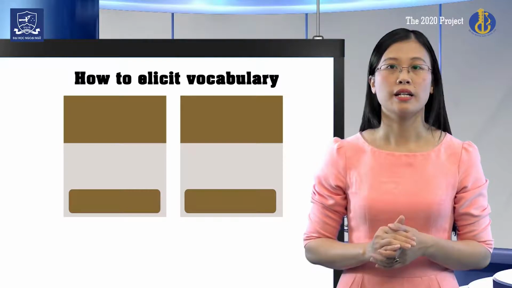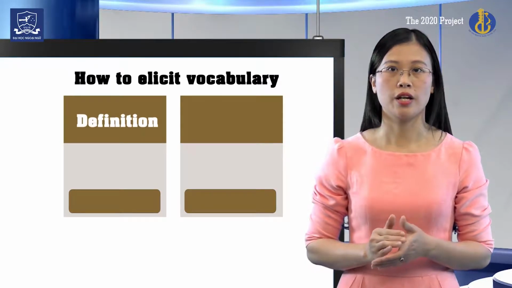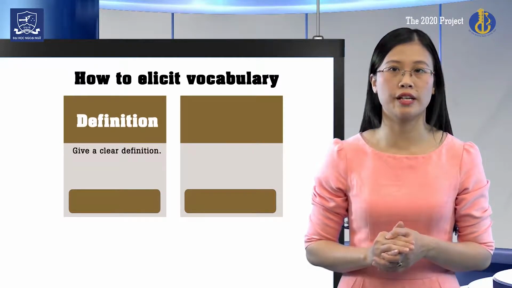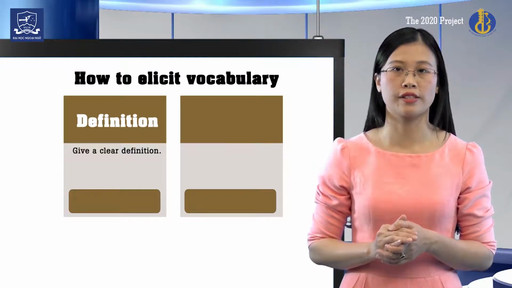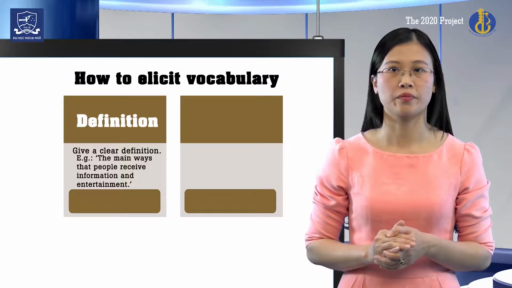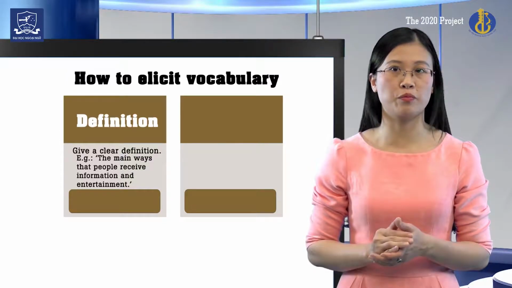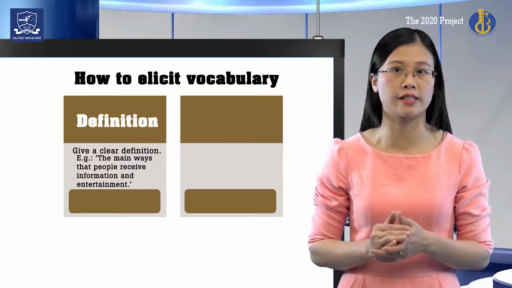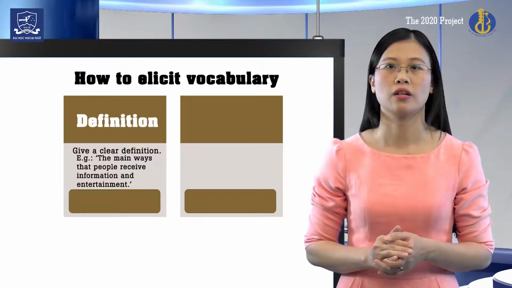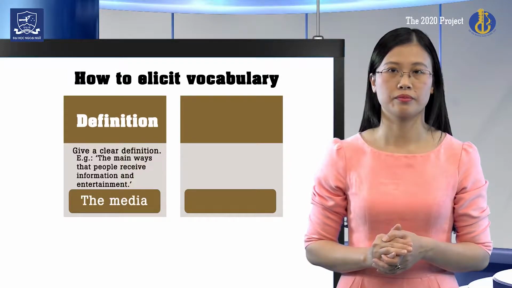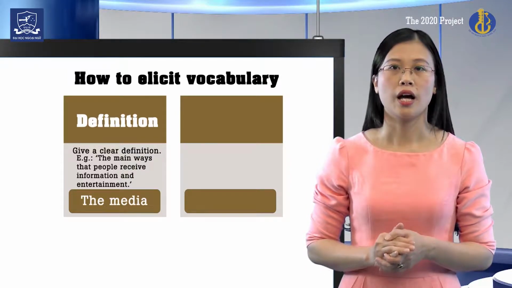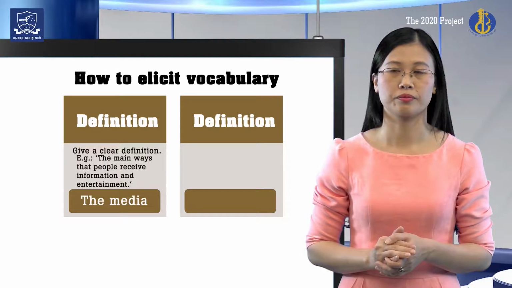Number 1. Definition. Here, you can give a clear definition of the word you want to elicit. For example, you say, the main ways that people receive information and entertainment are called... The students may say, the media. Number 2, exemplification.